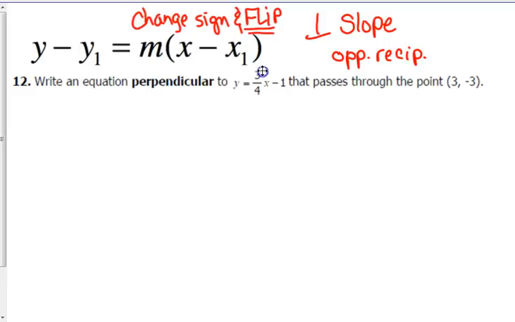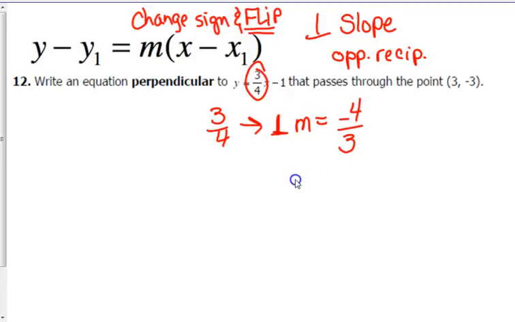All right, so our slope from here is 3 over 4, but if we want the perpendicular slope, it's going to become what? Flip it over, change the sign, and we have negative 4 over 3. Good job, Raylan.